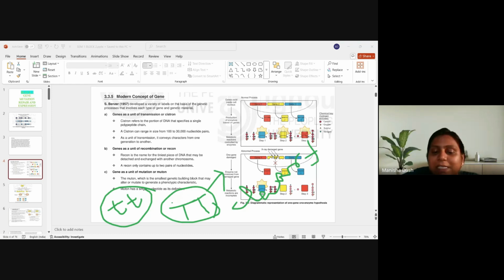So this dwarf phenotype is not exactly how this plant should be, but actually the plant has a tall genotype. But instead of expressing its normal genotype, it expresses the phenotype of another genotype. That condition we call phenocopy, which is simply because of an environmental factor or environmental effect.